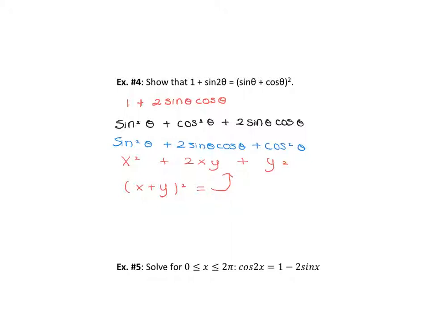So that means, therefore, that we can factor this sine squared theta plus 2 sine theta cosine theta plus cosine squared theta to be sine theta plus cosine theta quantity squared. Can you set the sine theta and cosine theta as like A would be X or Y? Yeah. Yep. You can do that. Questions?